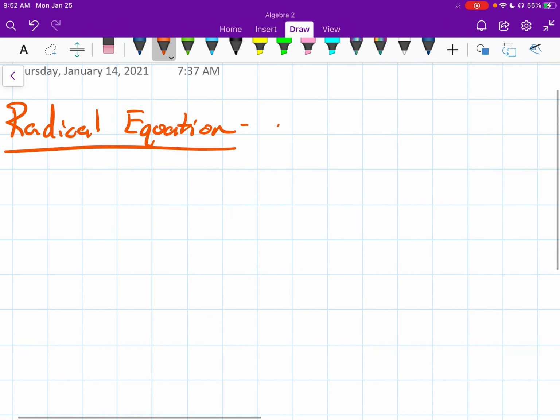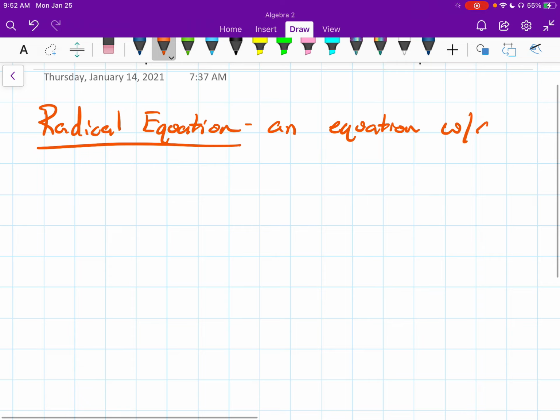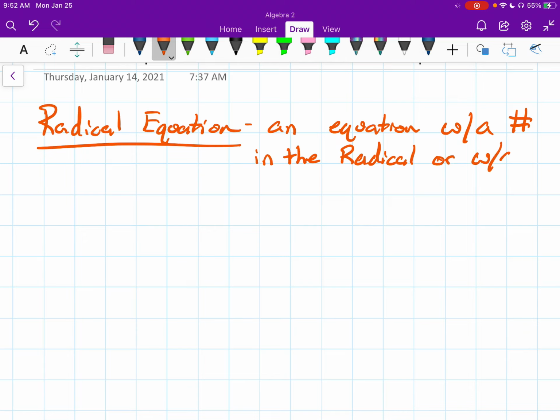So we'll say an equation with a number in the radical or with a fractional exponent.